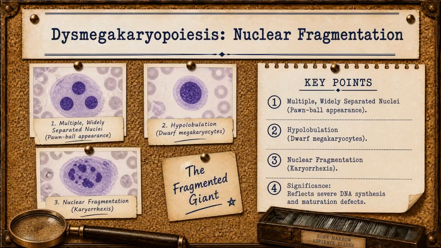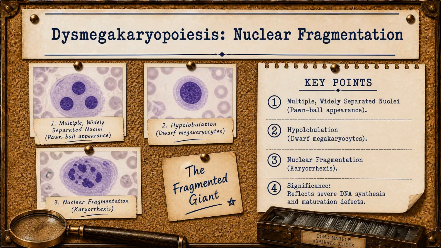Alright, histotechs, let's consolidate our understanding of dysmegakaryopoiesis by doing a direct comparison. What does a normal megakaryocyte look like, and how do the dysplastic megakaryocytes we see in MDS deviate from that norm? This side-by-side comparison is crucial for solidifying your diagnostic eye. A normal megakaryocyte is truly a magnificent cell.